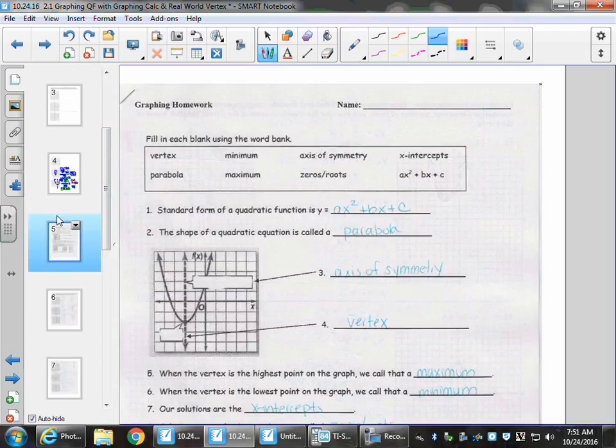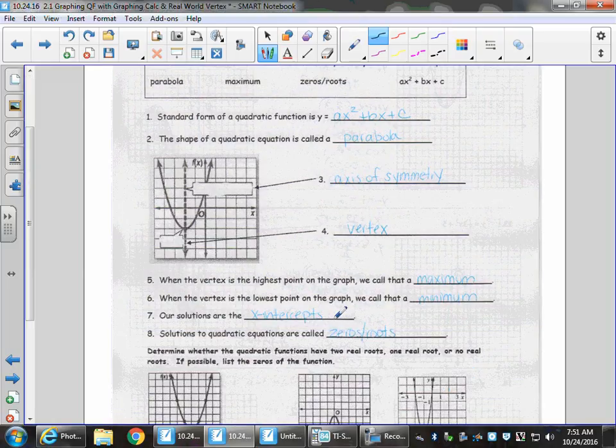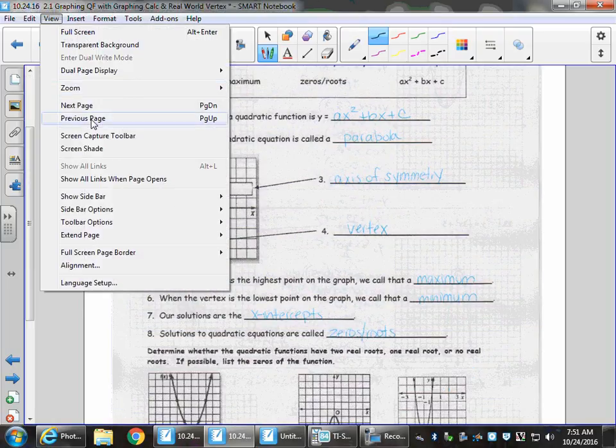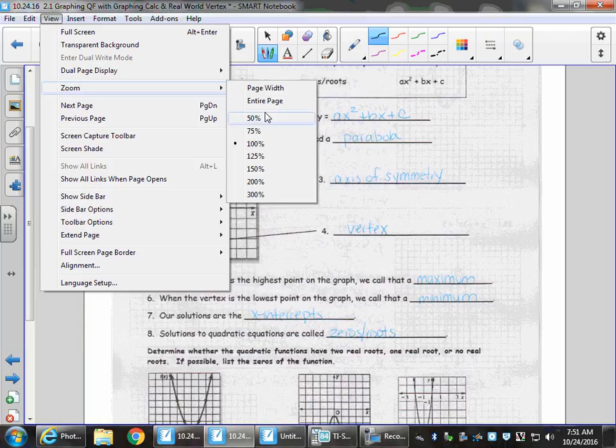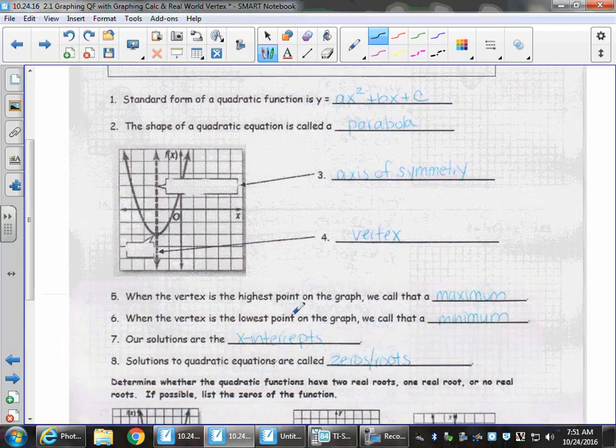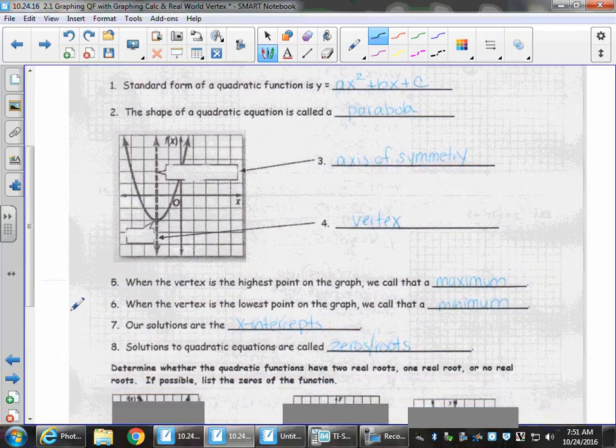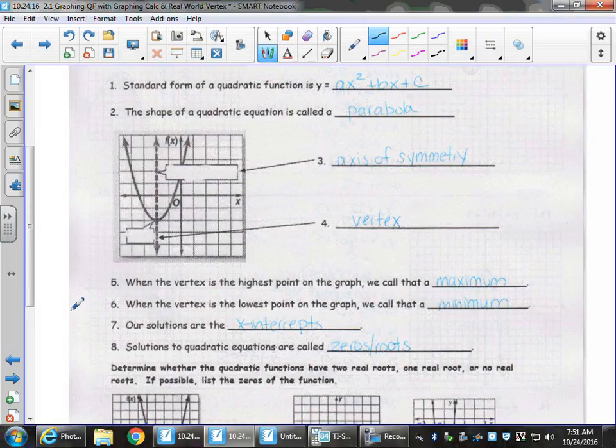Go to the front. Let me know when I can scroll. Good?